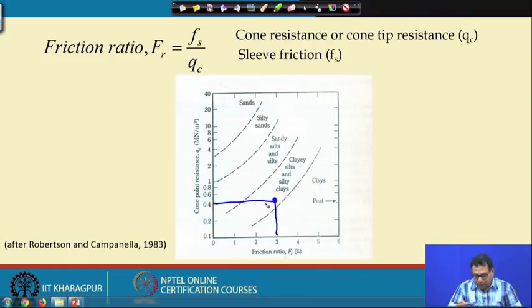So the type of soil can also be determined using this chart if I know the friction ratio and the cone resistance.